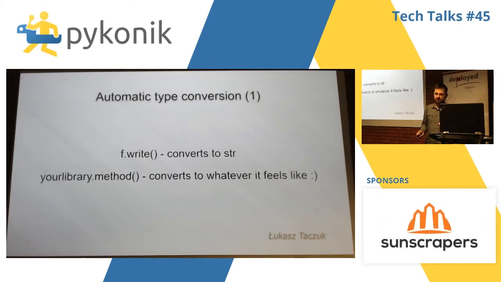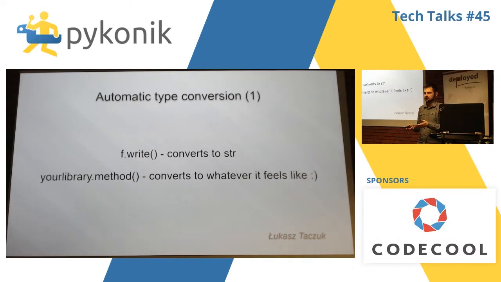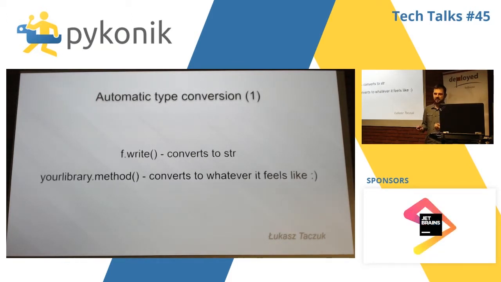So what does the write method do in Python 2? Whatever you pass it, it converts to a string, which means that, again, you will have some issues if you pass some Unicode objects as the argument, because, well, bad things happen when you try to encode stuff sometimes.